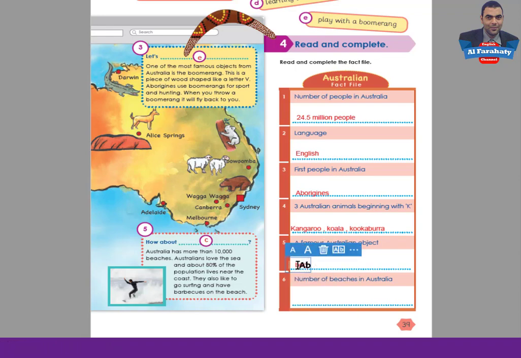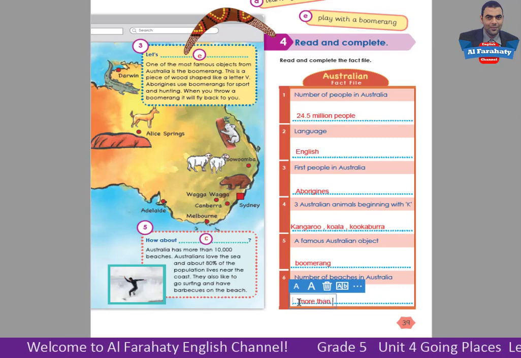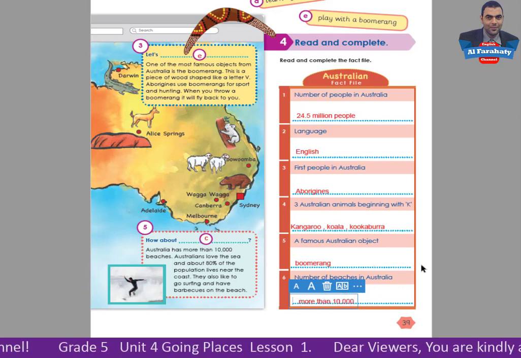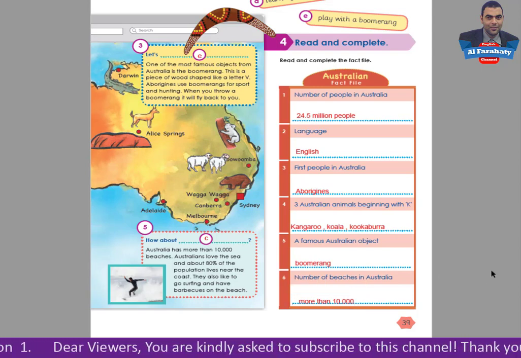Yes. The last point. 6. Number of beaches in Australia. Yes, more than 10,000. Dear students, read the information about Australia again.